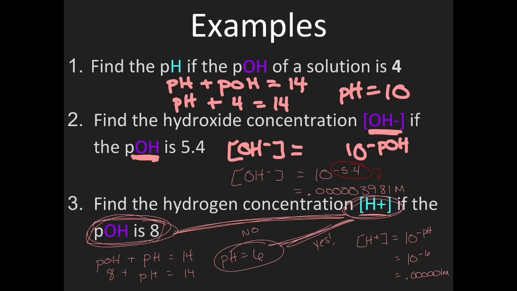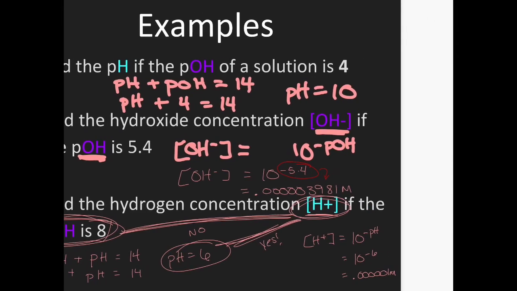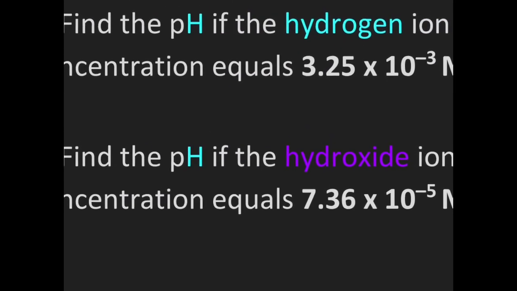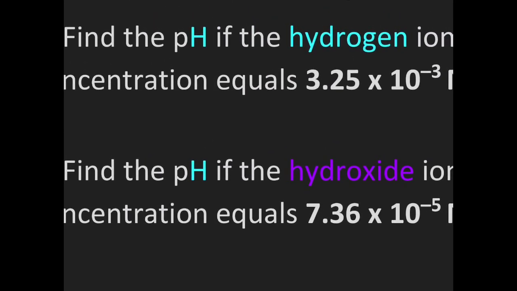Now, taking it a step further into the equations that we just talked about today, we're going to go back from concentration and take it back to the pH.